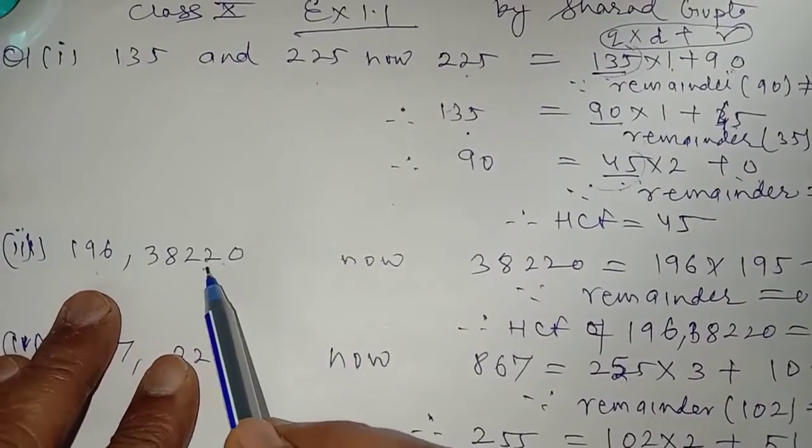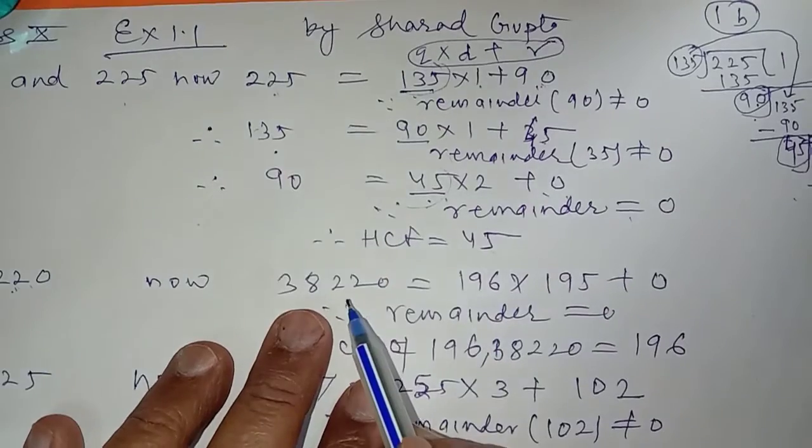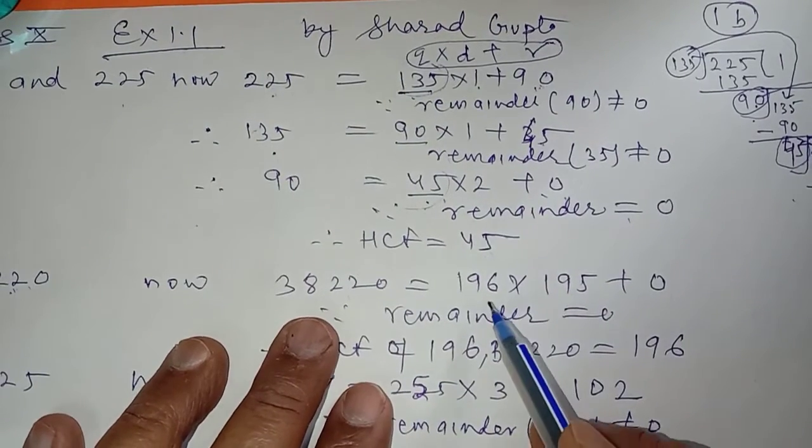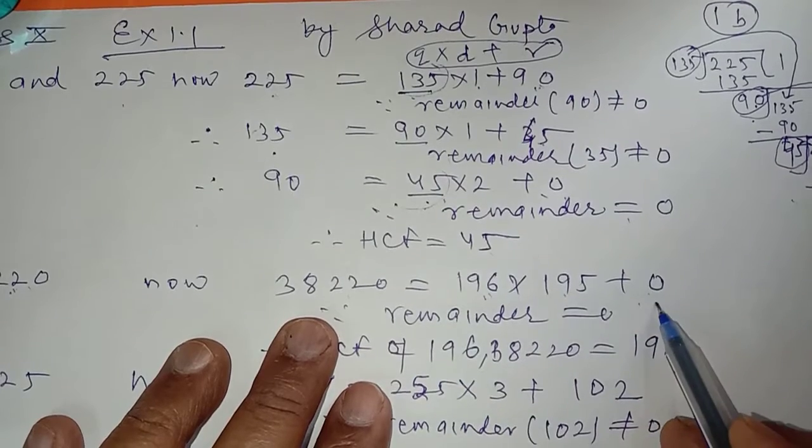So again this will be the dividend and this will be the divisor. So again using the same formula, dividend is equal to divisor into quotient plus remainder. इसके पहले ही स्टेप में रिमाइंडर 0 आ गया.